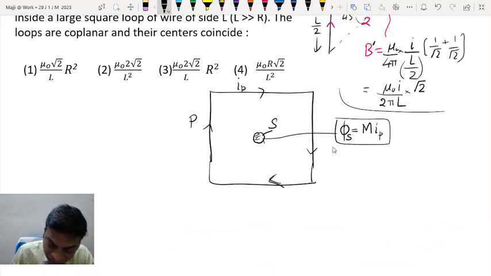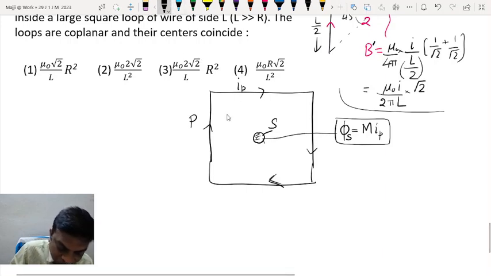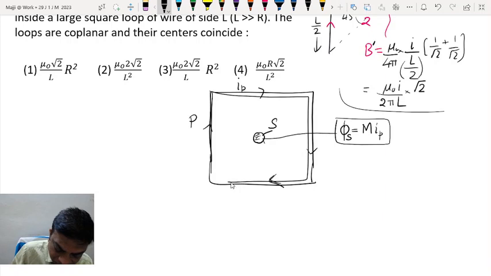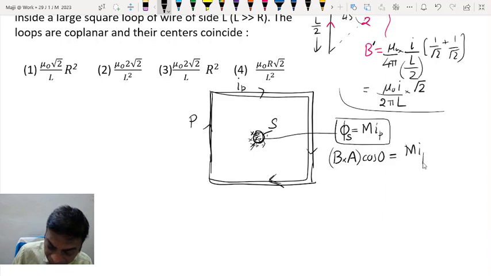So the magnetic flux linked will be, due to all these four portions, the field will be along the inward normal. And since it's a small loop, we can ignore the variation of magnetic field within this area, and we can assume the magnetic field to be uniform. So assuming B as the magnetic field, B into A, this is the magnetic flux total because cos 0 will be 1, and that can be equated to M IP.